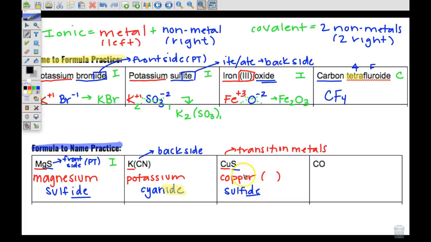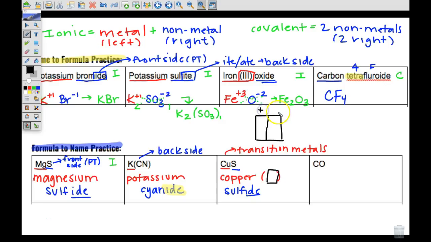In order to figure out the Roman numeral, I like to translate all of my transition metal compounds into a picture, and I draw them into a box. Because a box has equal sides, just like an ionic compound is neutral, the positive and negative charges have to be the same.